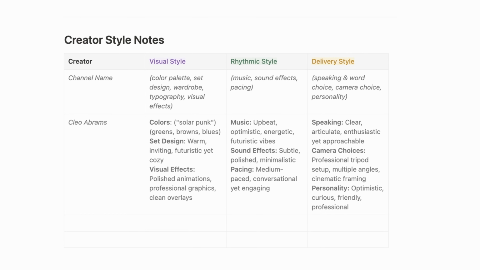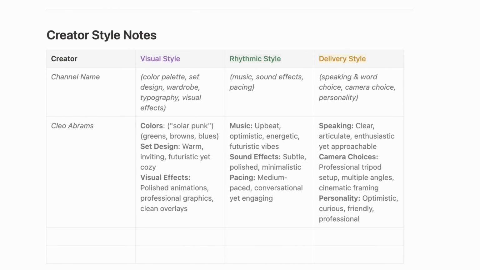And if you're feeling lost or overwhelmed, first of all, that's completely normal, but the best way to develop your sense of taste is by watching a lot more YouTube. Embrace the art of noticing. Watch videos once for the content and once again for the style, taking note of their visuals, their rhythm, and their delivery. There's even a place in the style workbook to jot down your notes as you go along.